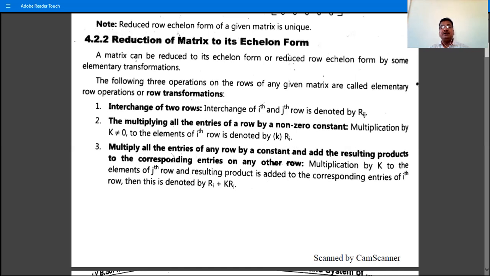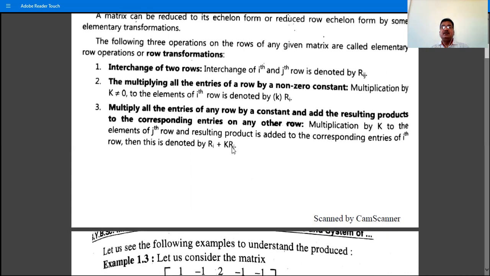And the third operation is, we can multiply any row by any constant and add it to another row. So the notation is Ri plus kRj. That is, multiply the jth row by k and add it to the ith row, so the change is in the ith row.